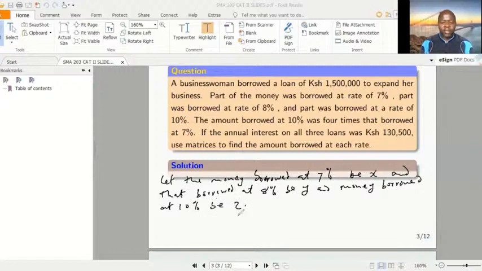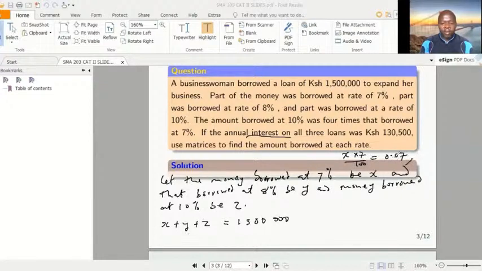So therefore, this tells me that the total amount borrowed was x plus y plus z, and this is said to be 1,500,000 Kenyan shillings. Now we are told that the annual interest on all the 3 loans was 130,500. What is the interest on x? The amount x was borrowed at 7%, so the interest will be 0.07x.